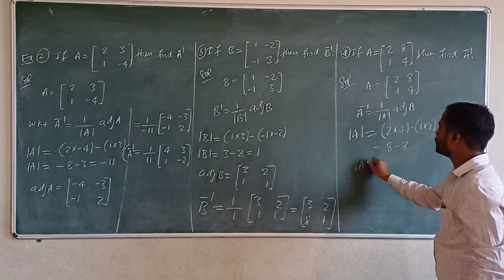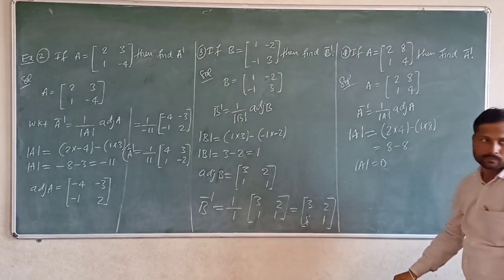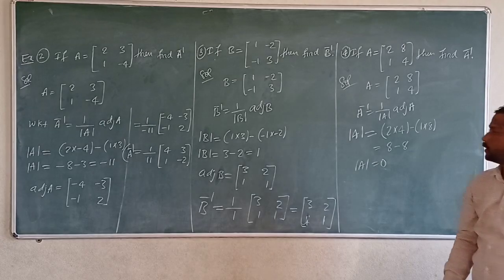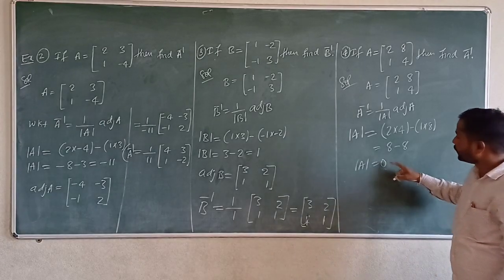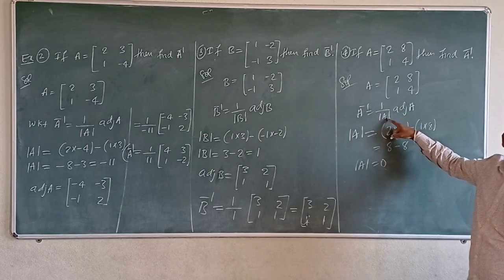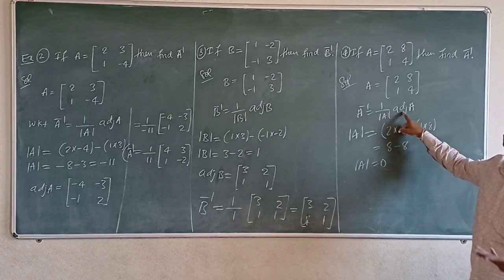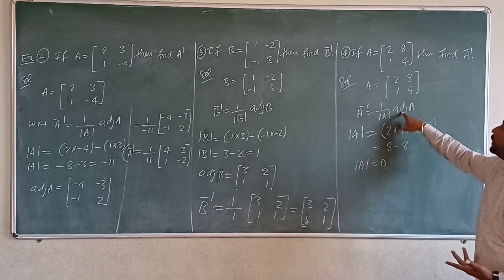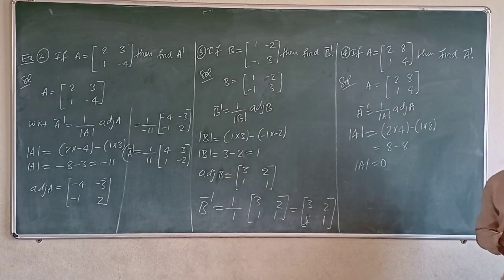Then the determinant is 0. Substituting determinant 0 in the formula gives 1 by 0, which is not defined, and into the adjoint is again not defined. So when does A inverse exist and when does it not exist?